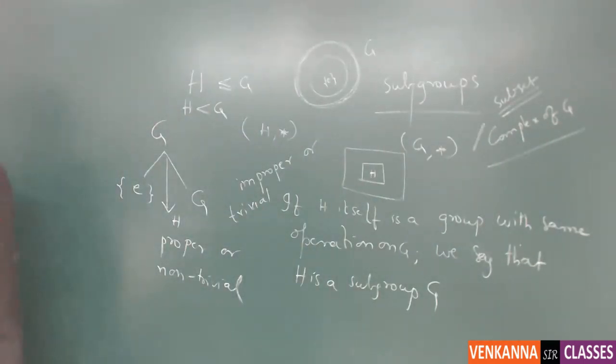So complex will become a group having the properties satisfied: closure, associative, identity, inverse. So please take a note of these definitions. After noting, please tell. Have you noted?